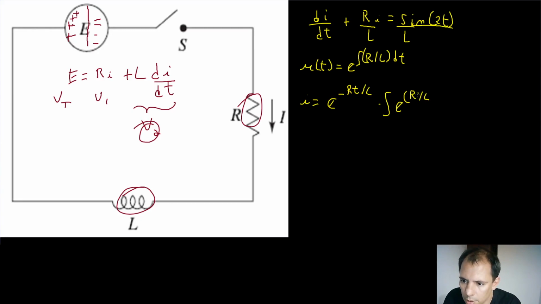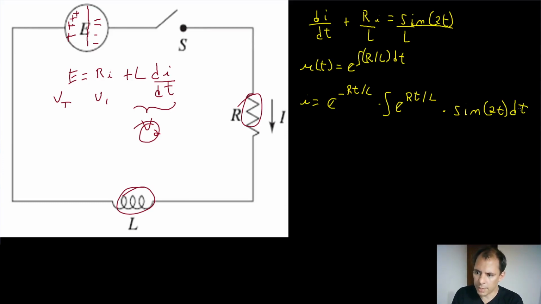So it's going to be like E to the RT divided by L times this, times the sine of 2t. Now divided by L. L is just the inductance. It's a property, it doesn't change. So when you're integrating everything with respect to t, you can put the inductance as a constant, okay? I'm just going to put a big L here, okay?